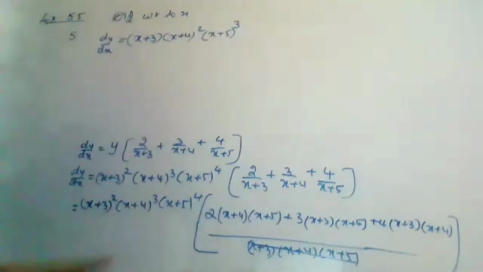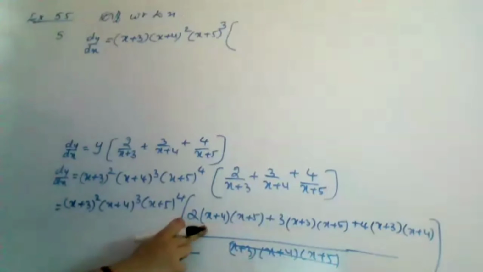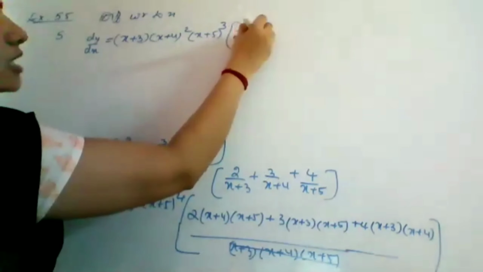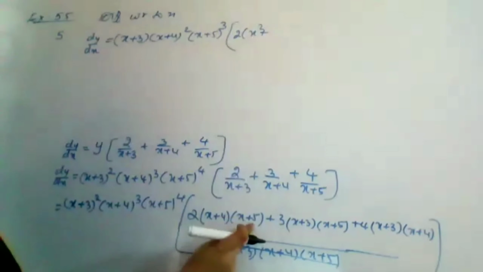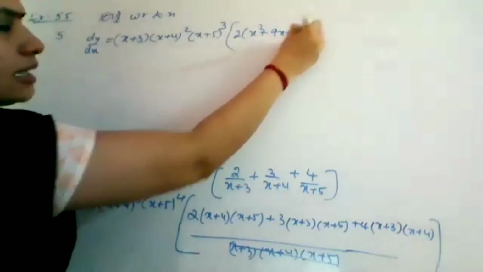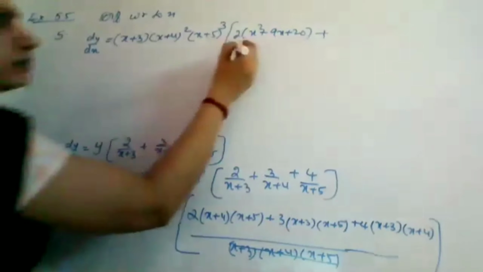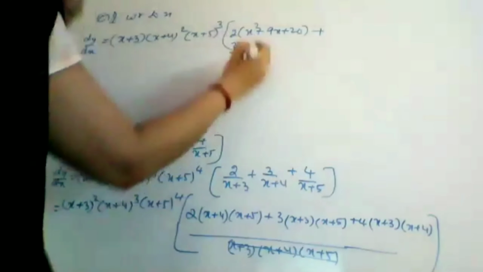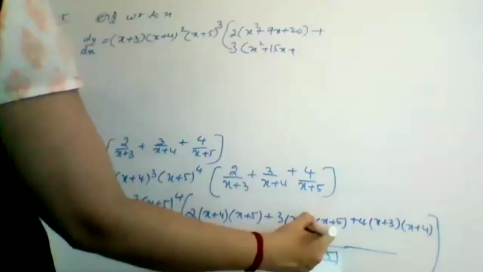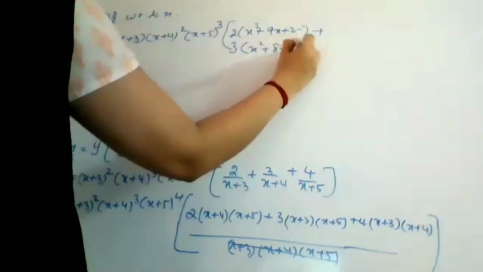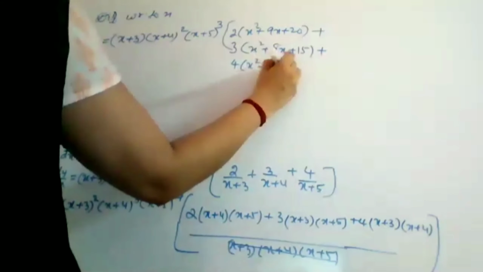Then in the remaining part you will have 2 into x square plus 9x plus 20, plus 3 into x square plus 8x plus 15, plus 4 into x square plus 7x plus 12, right?